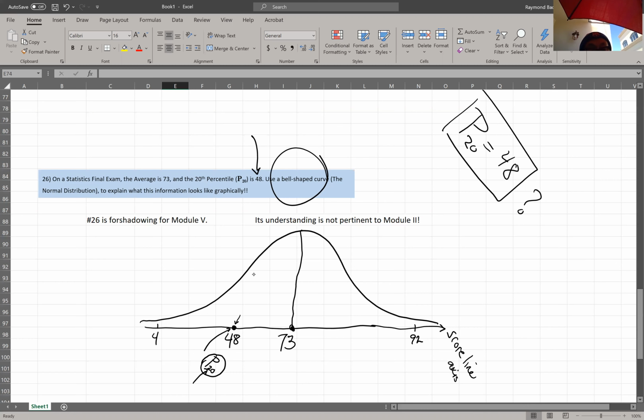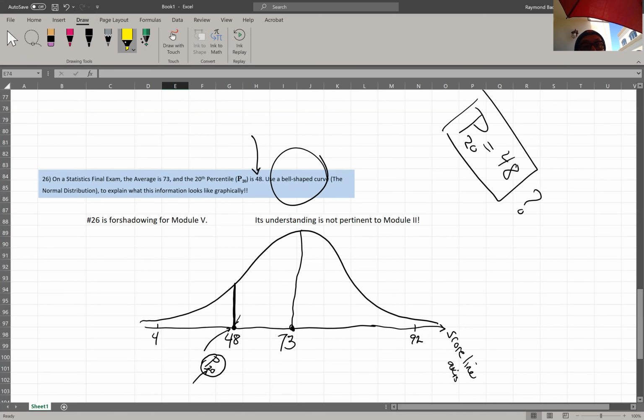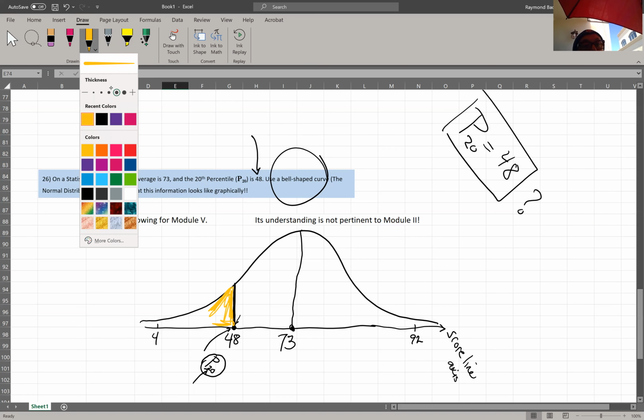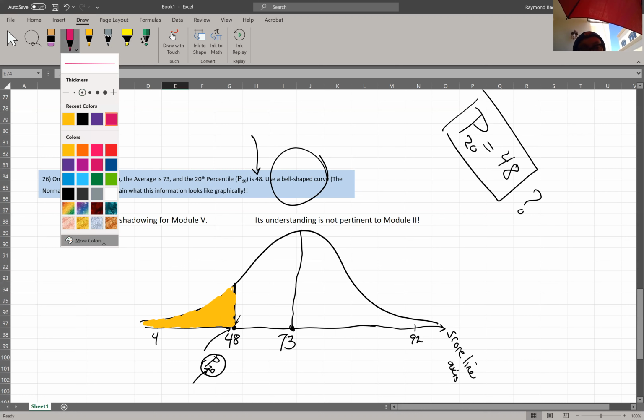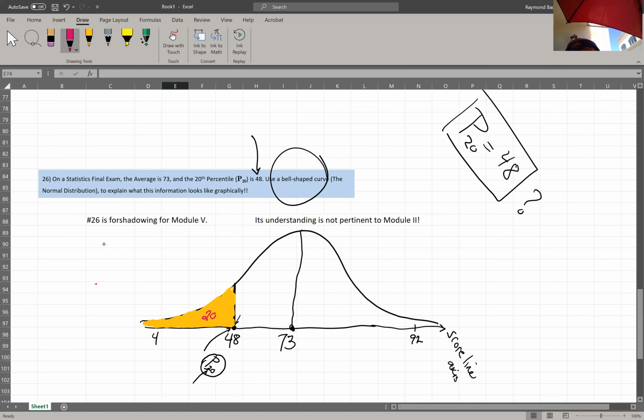When somebody says the 20th percentile is 48, it means if you connect this 48 straight up to the curve, and shade everything to the left, and it's always to the left, under the curve, that area here is 20%. That's what this is trying to tell you.